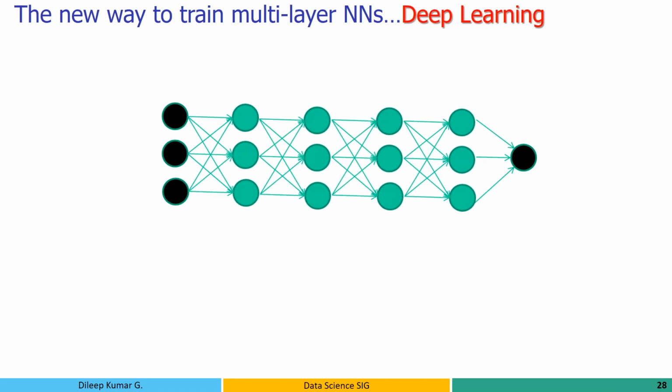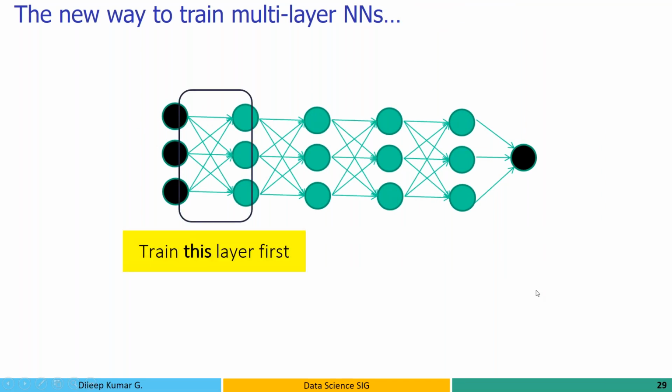So the new approach for complex problems is deep learning. Between the input and output, you can have a set of layers to produce the output. So this is a new idea. With deep learning, you can do the training.